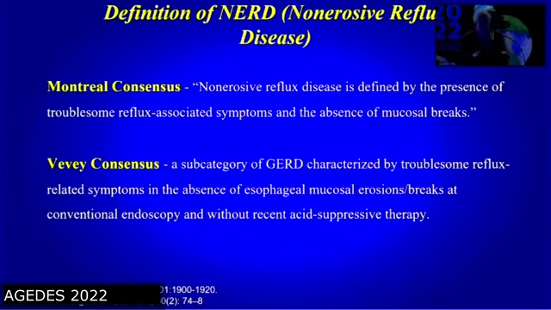Well, the advantage is that they say that the patients have troublesome reflux-related symptoms, but they don't tell us anything about how to separate non-erosive reflux disease from the two functional esophageal disorders, reflux hypersensitivity and functional heartburn. It's the biggest problem today that we have with the non. So these definitions are not great definitions, but that's what we have.